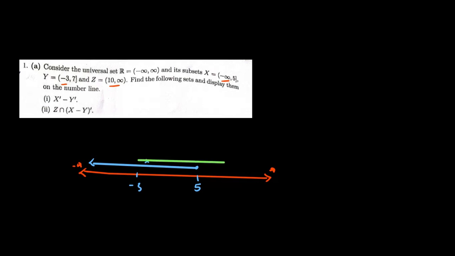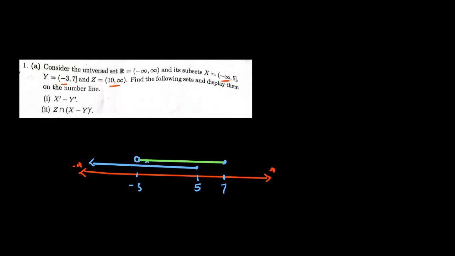Say our 7 is here. At 7 it is closed, so I'll shade that in. Then at negative 3 it is open. So I have open there. So that's my set Y.